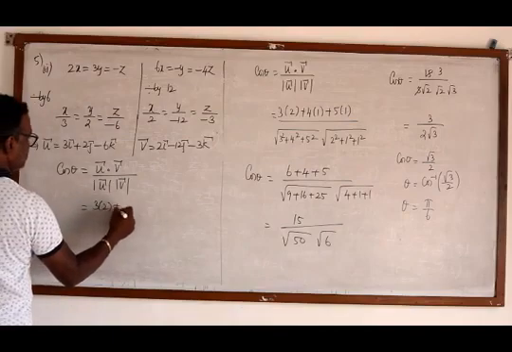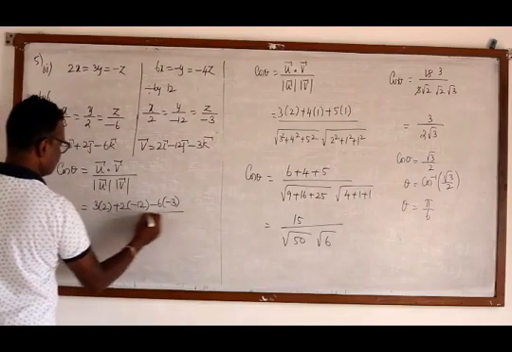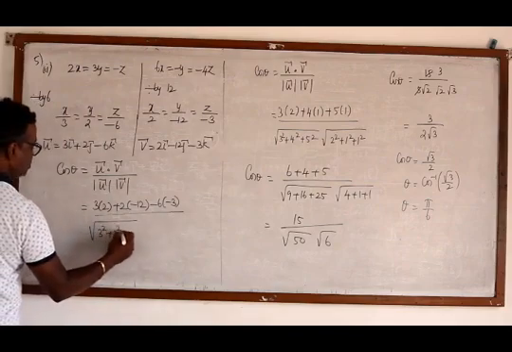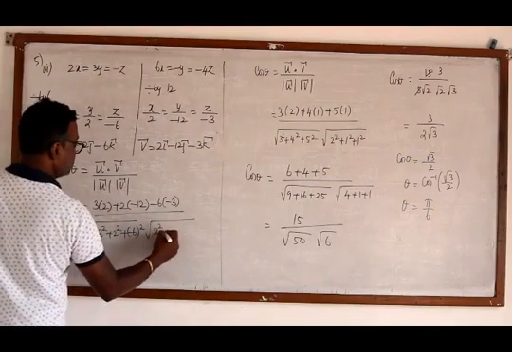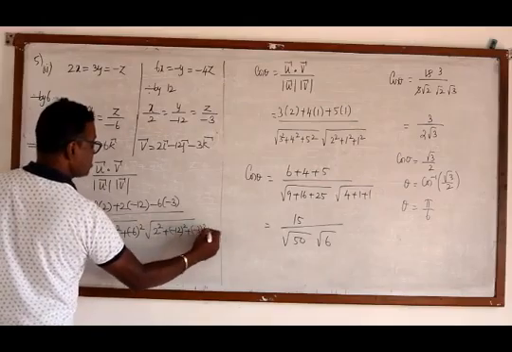3 into 2, 2 into minus 12, minus 6 into minus 3, by root of 3 square plus 2 square plus minus 6 the whole square, root of 2 square plus minus 12 the whole square plus minus 3 the whole square.